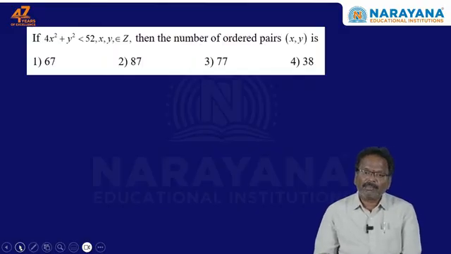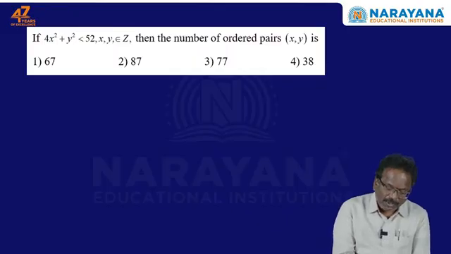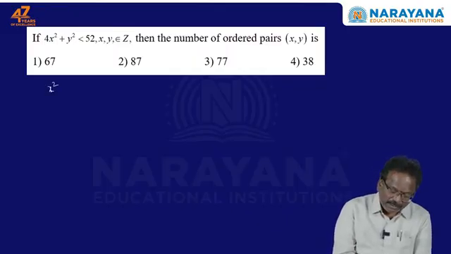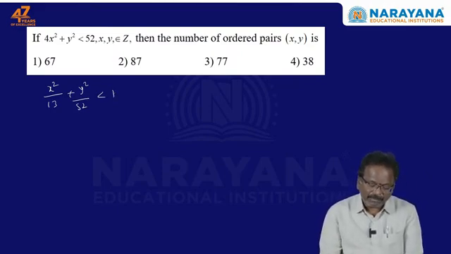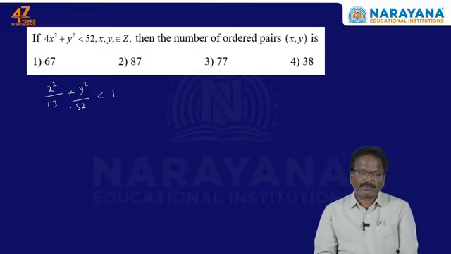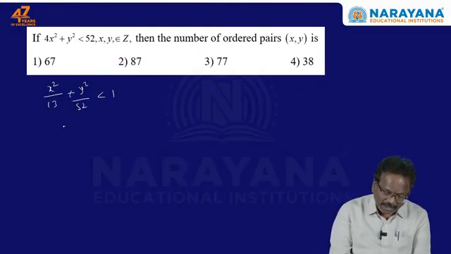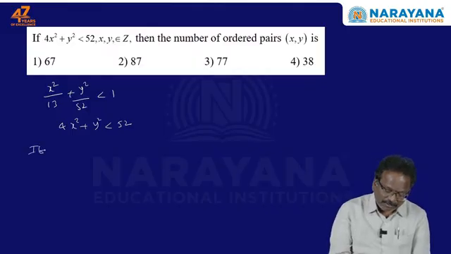To calculate the number of ordered pairs satisfying this ellipse inequality, 4x square plus y square less than 52 means x square by 13 plus y square by 52 less than 1. Now we calculate how many ordered pairs of integral coordinates lie inside the ellipse. Suppose x is 0.